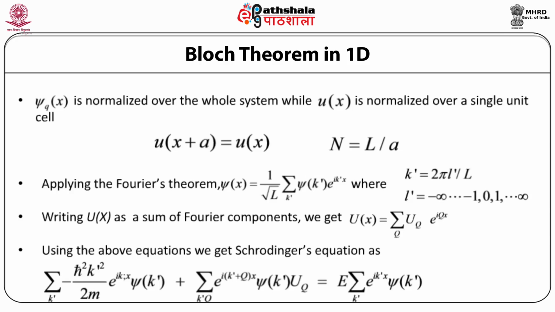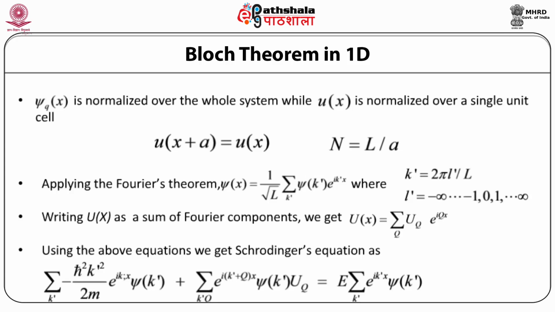Now since φ(x) is periodic, we apply a Fourier theorem and write φ(x) as a sum of Fourier components. That is, φ(x) is equal to 1 by root L summation over k' φ_k' e^{ik'x}, where k' is 2π l' divided by L, where l' is varying from minus infinity to infinity.